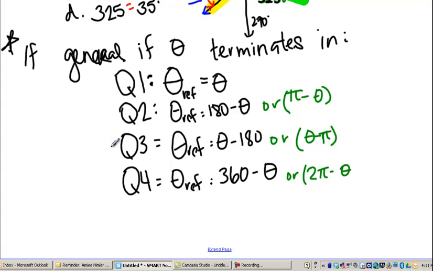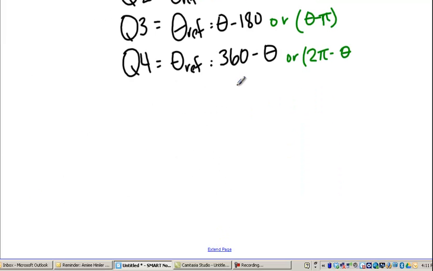Now some of y'all might ask, well what happens if we have 90 degrees, which it can happen, or 180 degrees?